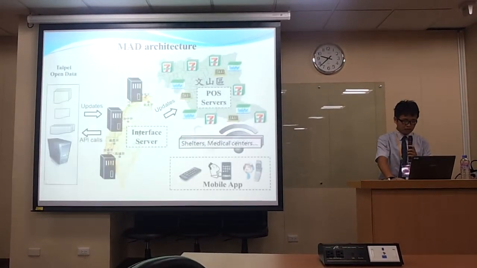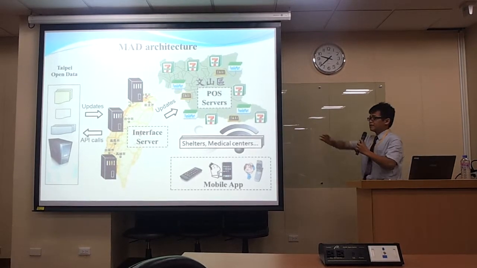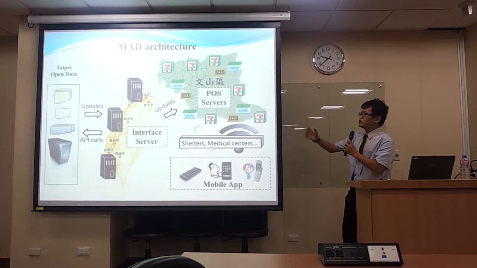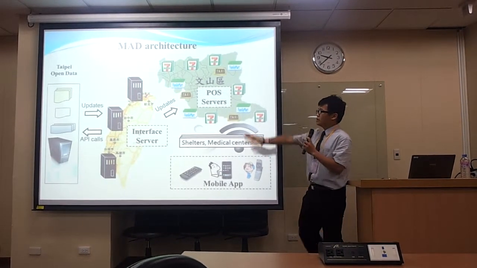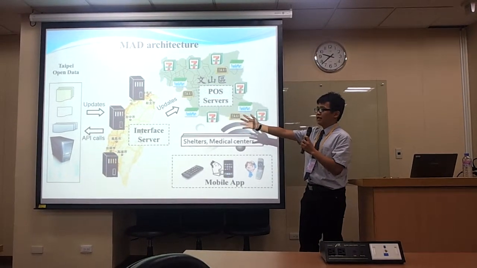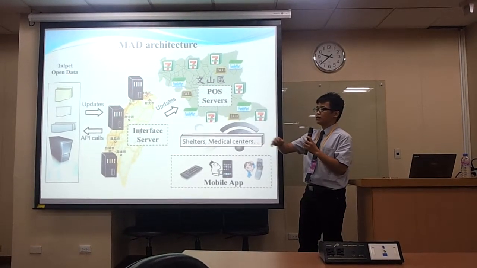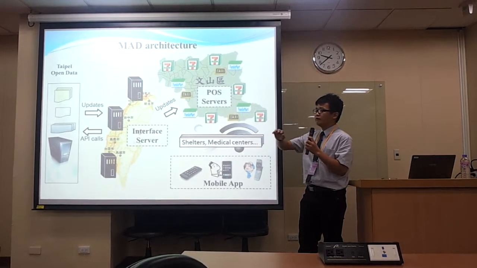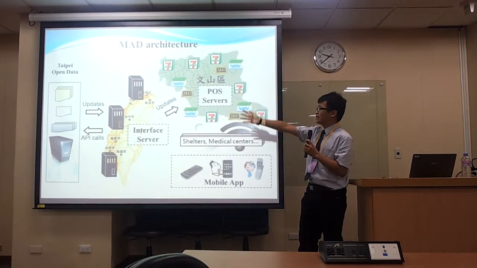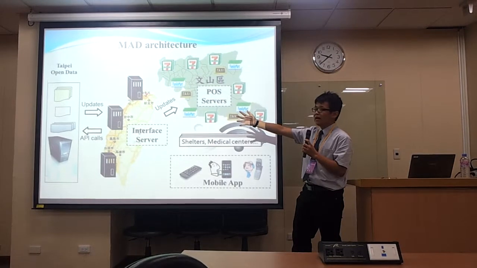So this is the big structure of MAD. This is open data, and open data is available for any city. This is the example of Taipei open data.